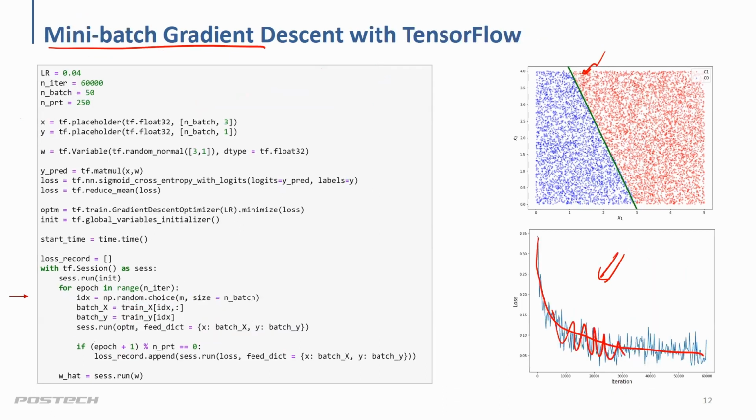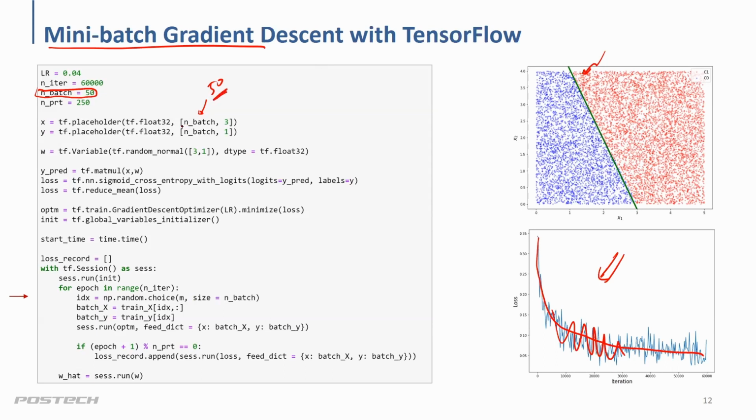For the mini batch, here I have a mini batch size of 50. It's a hyperparameter that I can choose. In this case there are no specific reasons, but I pick 50. You can try 10 or 100, whatever.